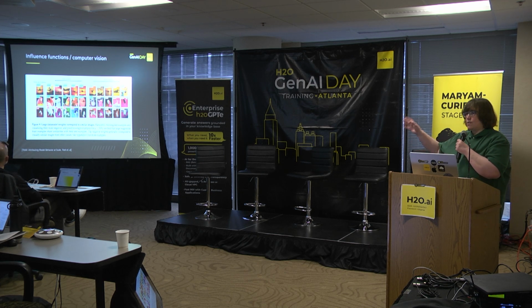Then they trained a simple linear model on these indicator functions, such that the coefficient of the linear model indicates the extent to which a photo in the training data set affected an individual score in the test set.